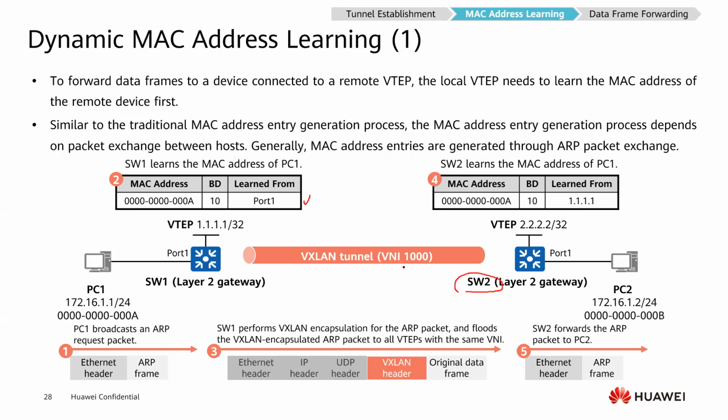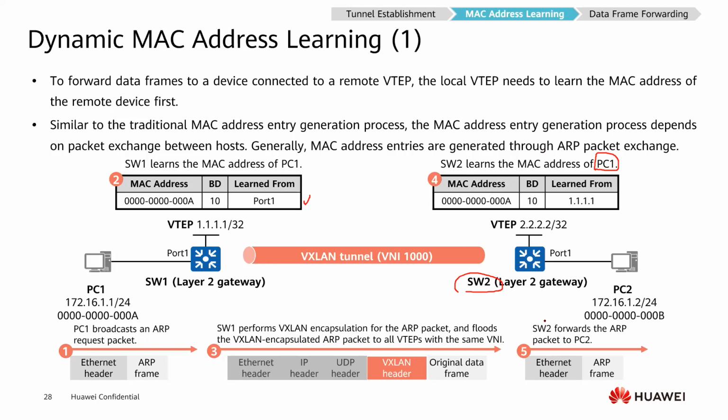So it will check the inner frame information, all right, and then it will learn the MAC address of PC1. So now switch 2 has already formed the MAC address entry about PC1.